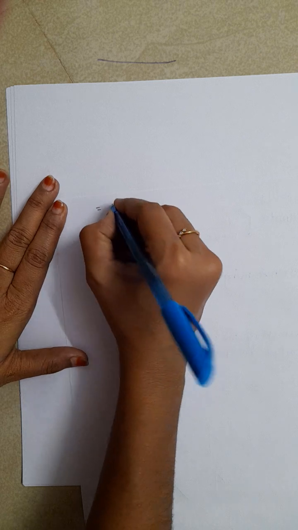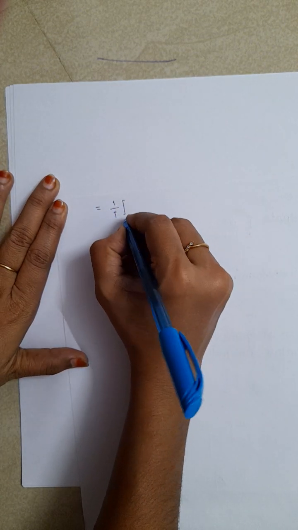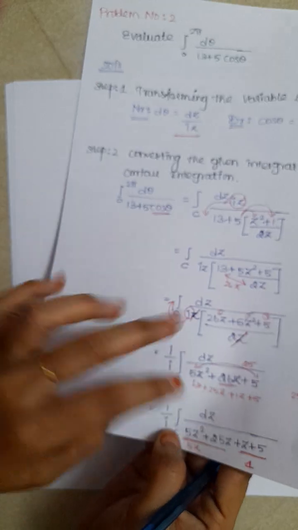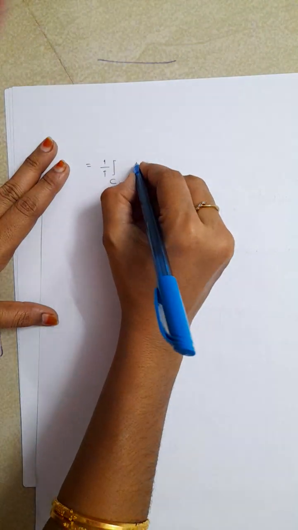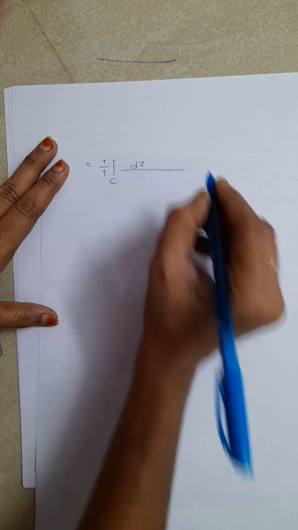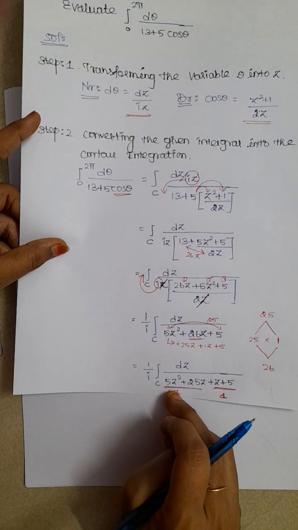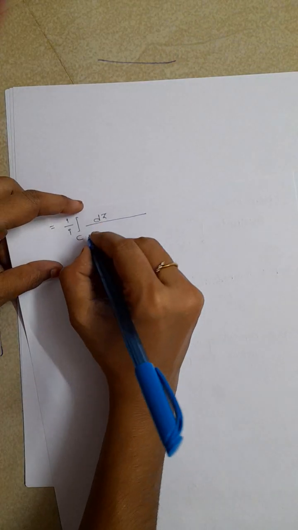So here 1 by i is common, so take it outside. The numerator is dz, and the denominator is 5z square plus 25z. The common term is 5z.